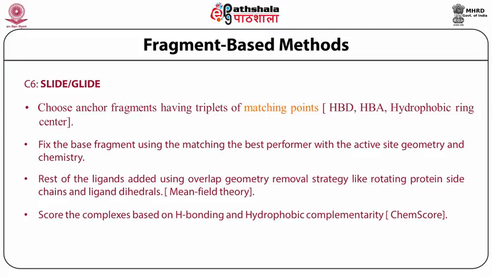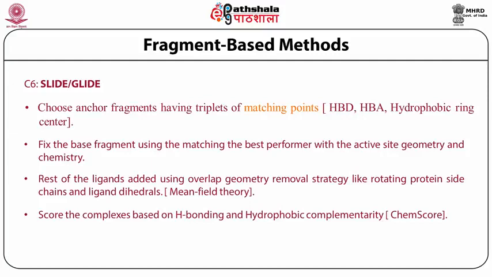These use mean field theory. So it resets every ligand, overlaps all the geometries, and goes on finding the methods in a dynamic way. So all these methods are basically fragment based, but they do anchor one of the points, at least 3 matching points.